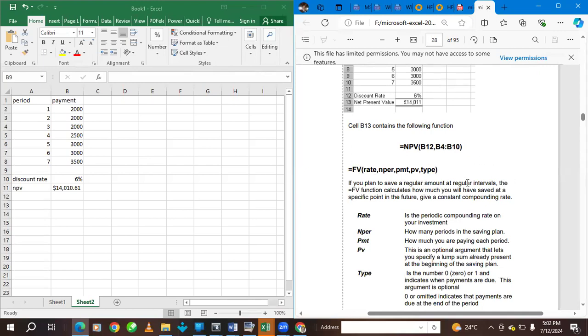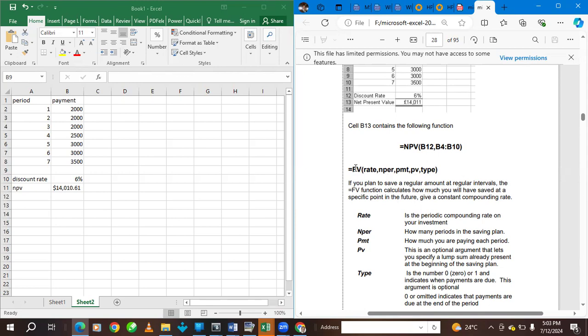So the NPV now you can be able to apply. Then we have future value, which we call FV. Our future value, if you plan to save a regular amount at intervals, the FV function calculates how much money you will have saved at a specific point in future. So the FV mostly applies when you are saving.